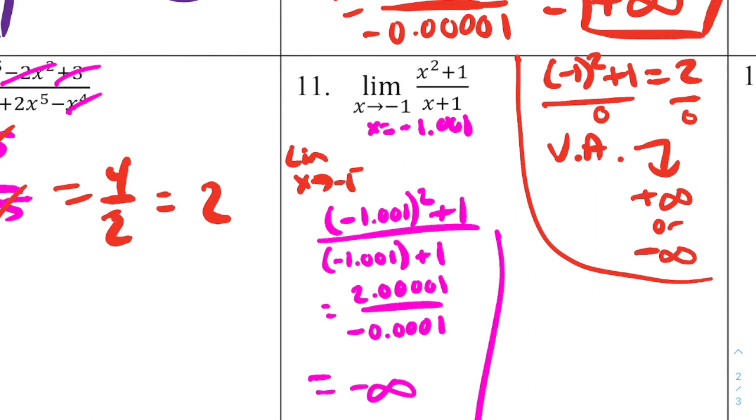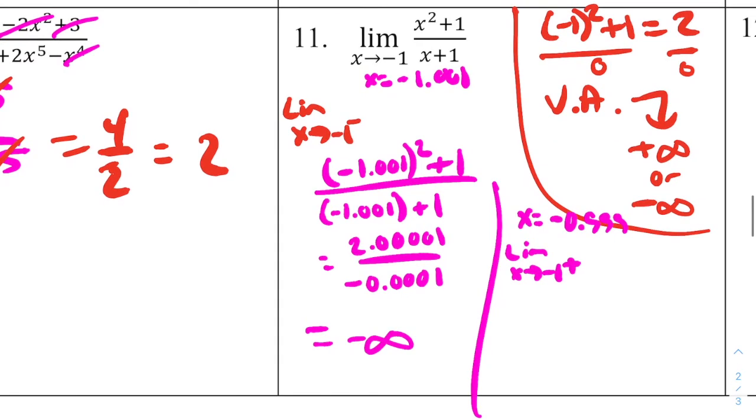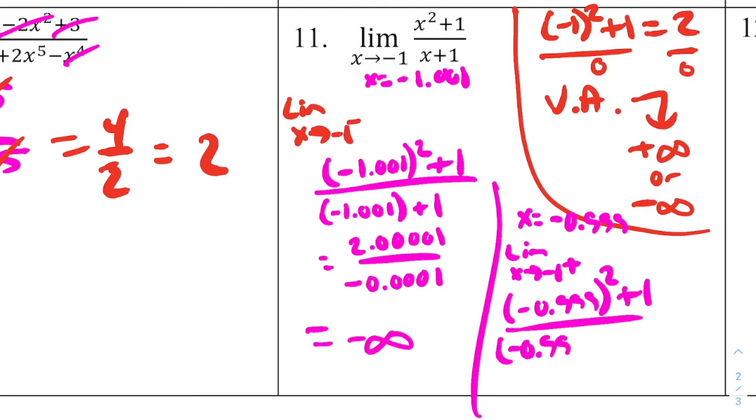All right, and so that's our limit from the left side for this one. What about that limit from the right? For this, I'm going to try a number slightly larger than negative 1, like negative 0.999. Here we're finding the limit as x approaches negative 1 from the right. That's negative 0.999 squared plus 1, all divided by negative 0.999 plus 1, which is equal to 1.99999 divided by positive 0.001.